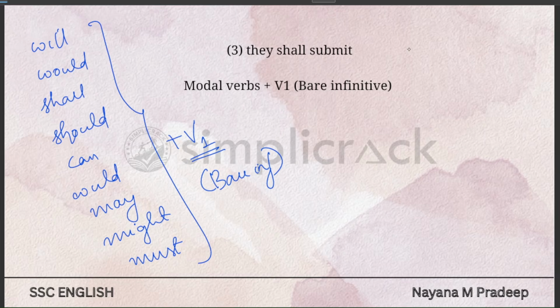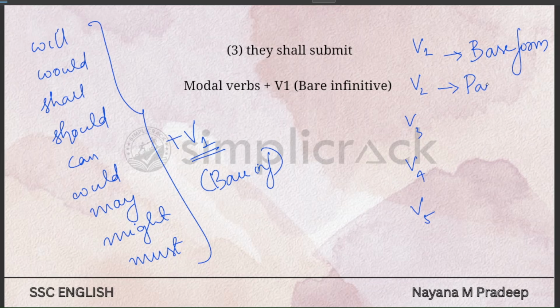Now, you are already familiar with the five different forms. We have V1, V2, V3, V4, and V5, where V1 is the base form of the verb, where you have no endings, no S, ES, or ing. Then you have V2, which is the simple past form. Then V3, which is the past participle form.